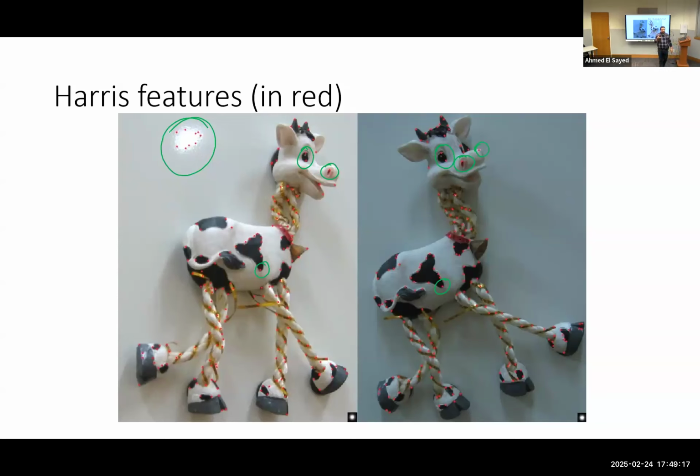One of the drawbacks is that it's not invariant, or it can't resist illumination change well, and can't resist 3D view well. You see the difference between this and this is what? 3D view, 3D rotation for the head.